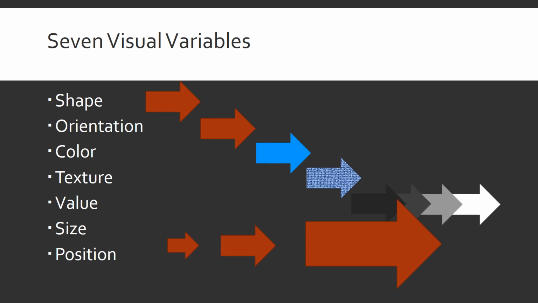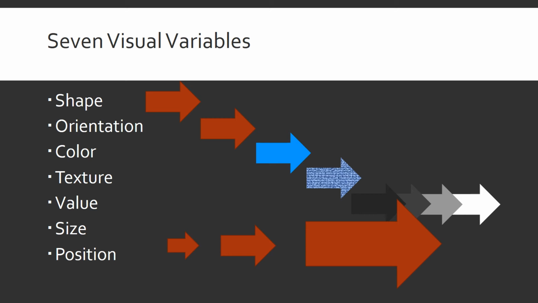And then finally, position. If you look, there are arrows positioned all over this page. This one's towards the top of the page, this one's towards the bottom, this one's to the right of the page, this one is more towards the left. But again, I'm talking about them in relation to the page, or I might talk about their position in relation to other objects.